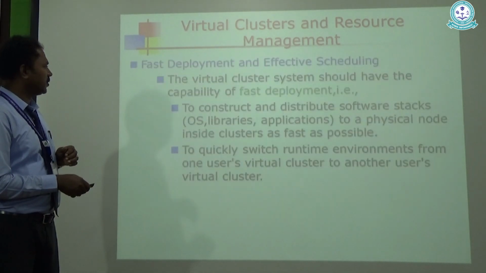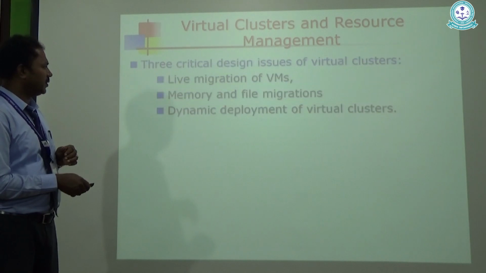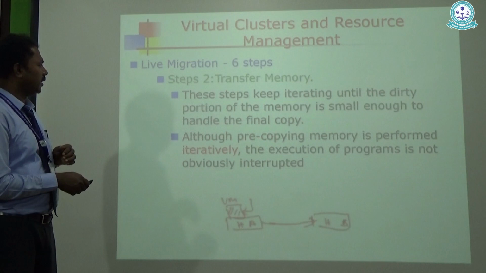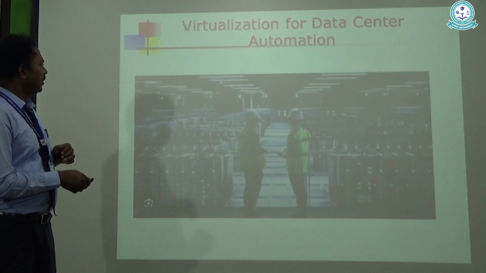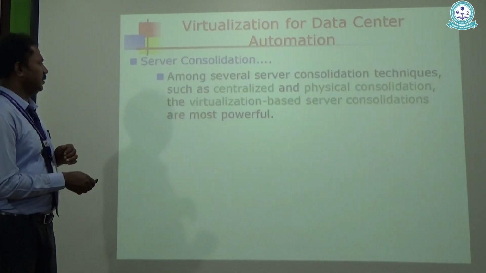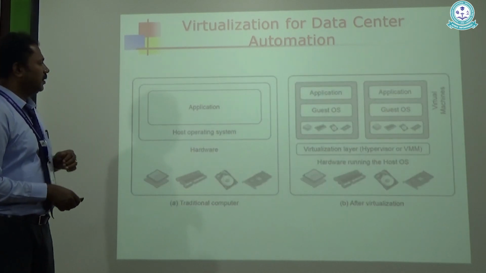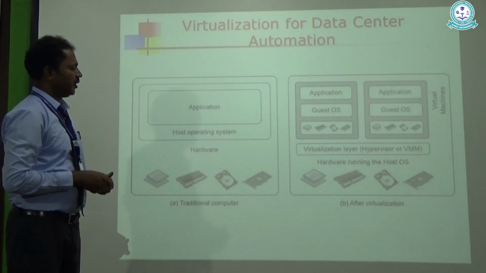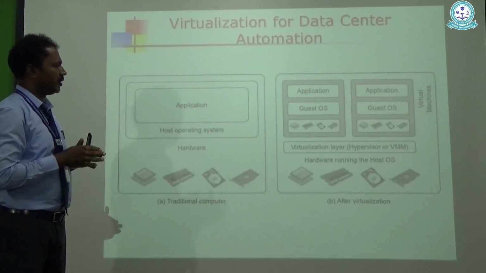When we see the physical structure of these clusters, we see that there is a physical cluster as well as virtual cluster. So when we see this diagrammatical representation, it consists of physical machines as well as virtual machines.